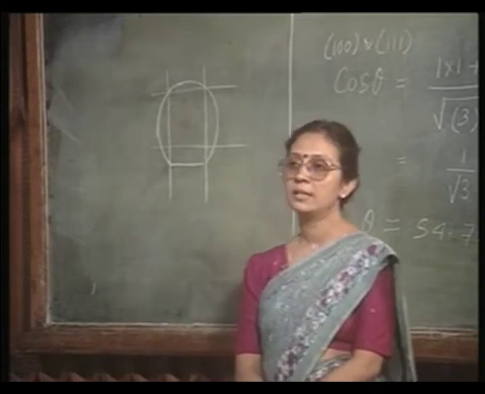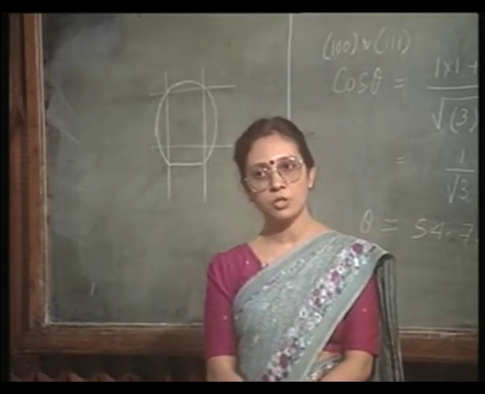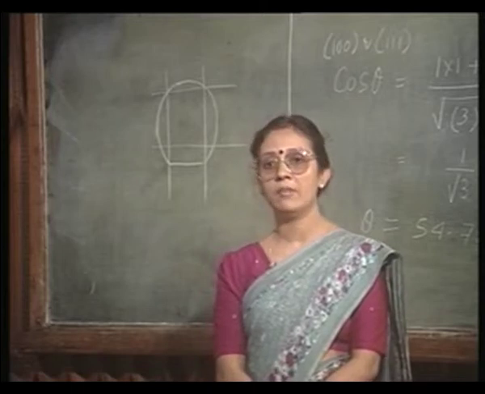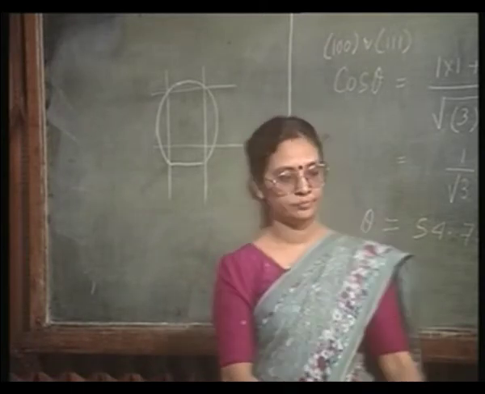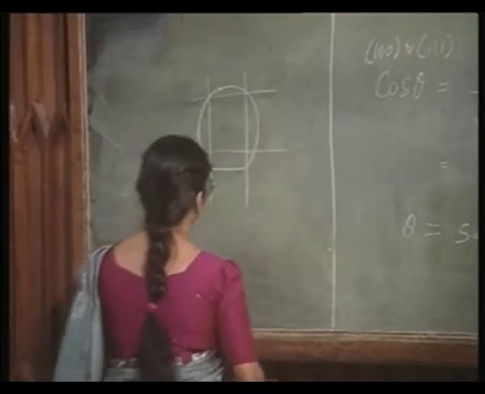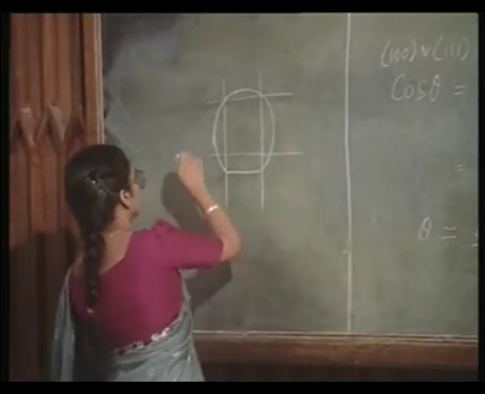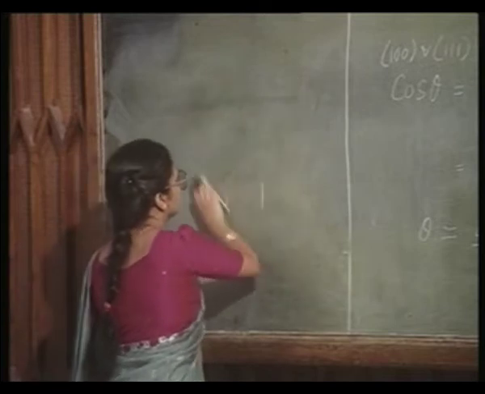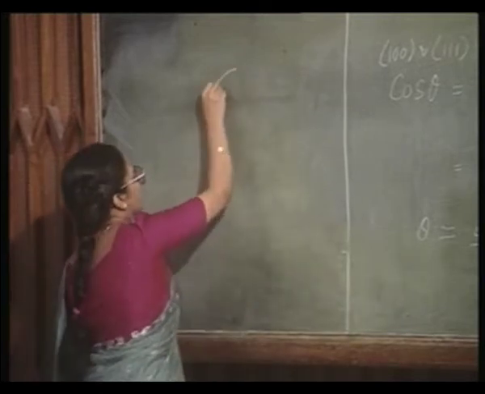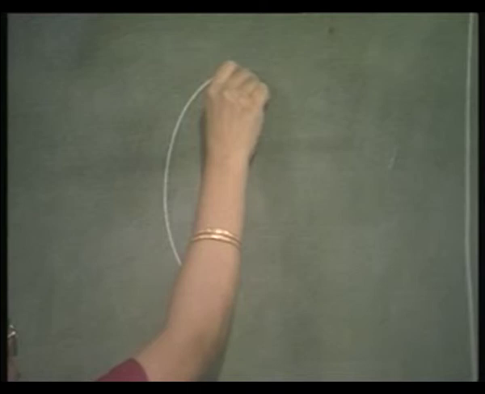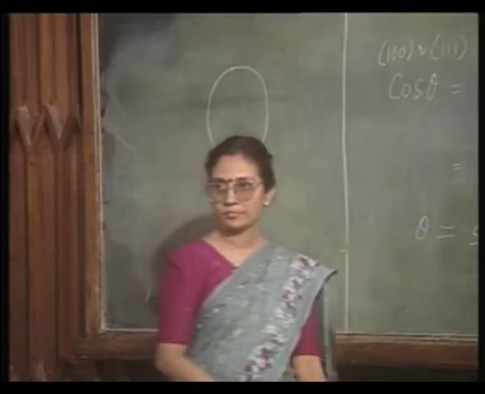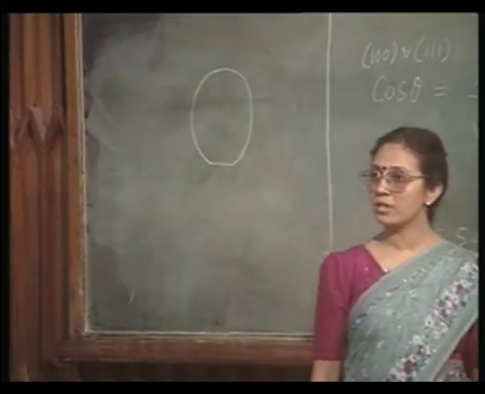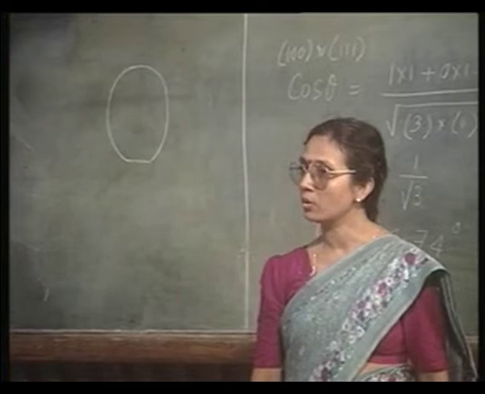Okay. Why did I say that this is an advantage of a 1 0 0 wafer? Simply because this advantage does not exist if I have, for example, a 1 1 1 wafer. What happens in a 1 1 1 wafer? Suppose you have a 1 1 1 wafer. Again, your natural cleavage plane is going to be 1 1 1.